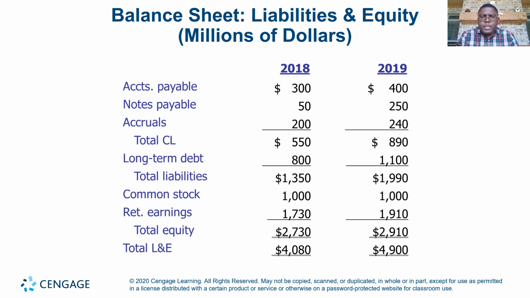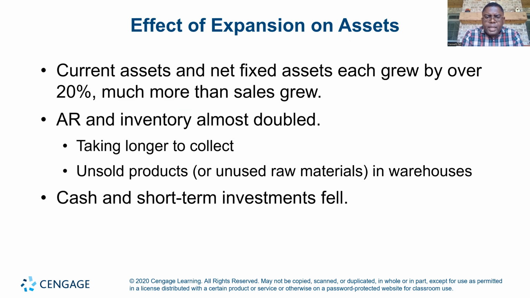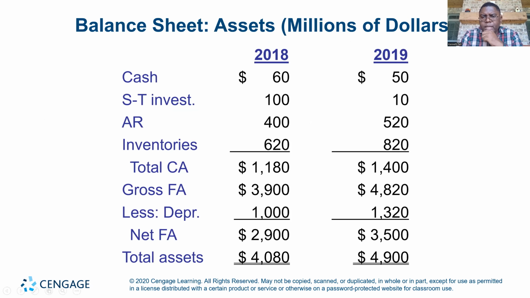If we go back, you will discover that the assets and the total liabilities and equity come up to the same amount. Again, we had mentioned that the liabilities and equities are the claim that various groups have against the company's value. So we see for 2019 that the total asset is 4,900 million.